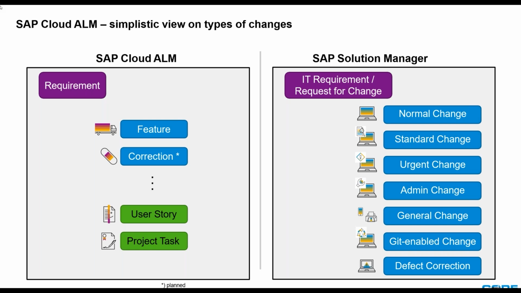Versus within Cloud ALM, you can think of this as a simplified way to manage changes. For example, you can think of the IT request for change as a requirement.